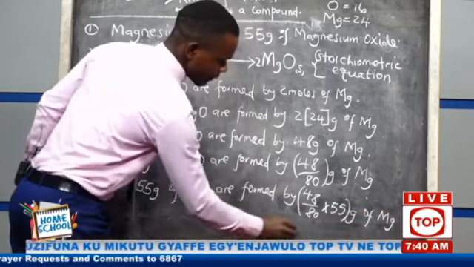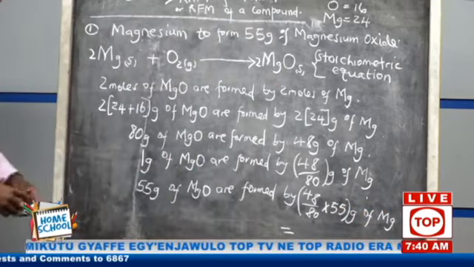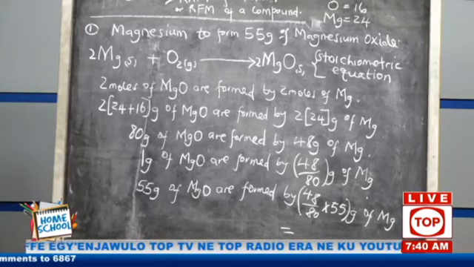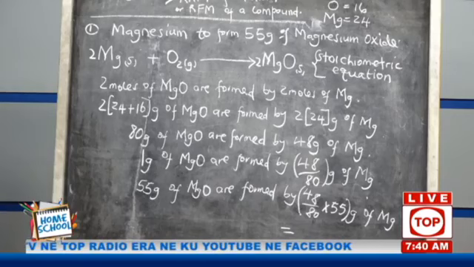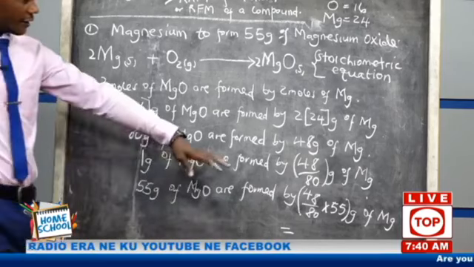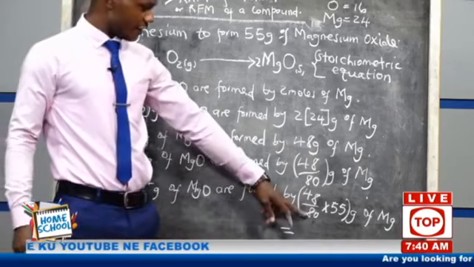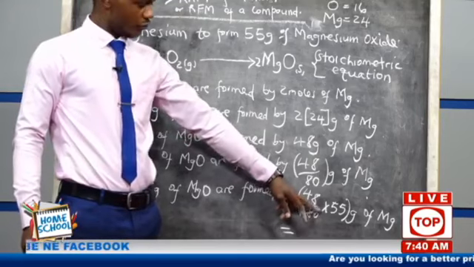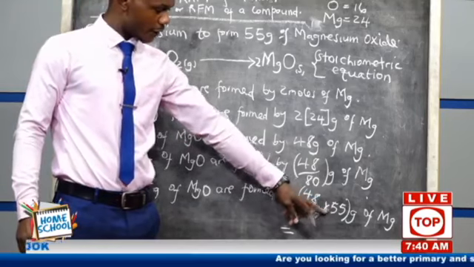Put it into your calculators and tell me the right answer you are getting, or write down the right answer. You divide 48 by 80, then multiply by 55.